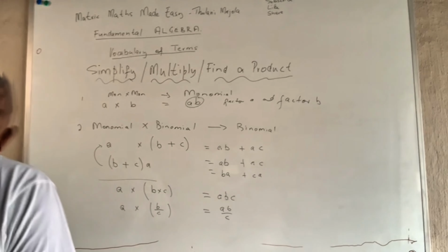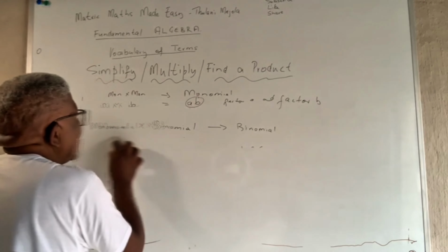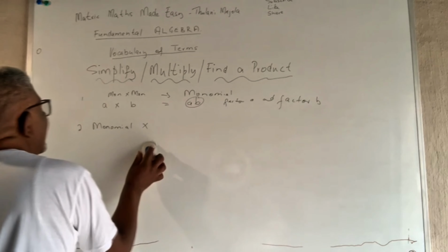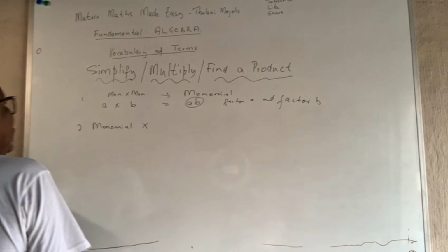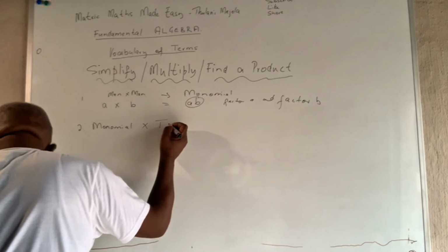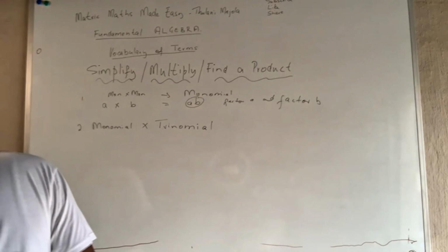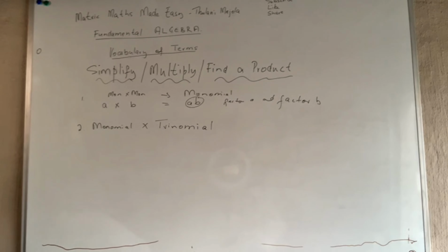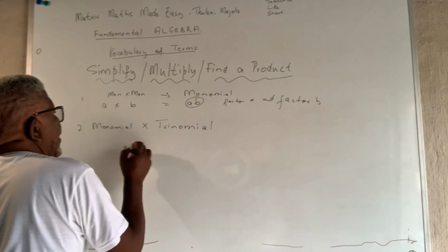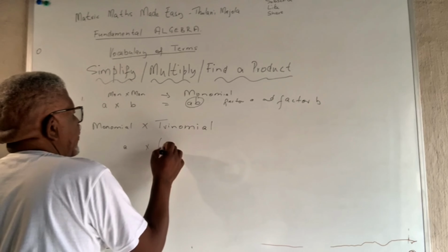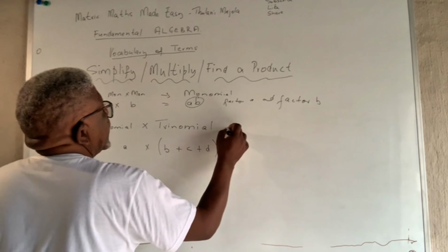And then when you multiply a monomial by a trinomial, example, A times, keep it simple, B plus C plus D. What do you get?